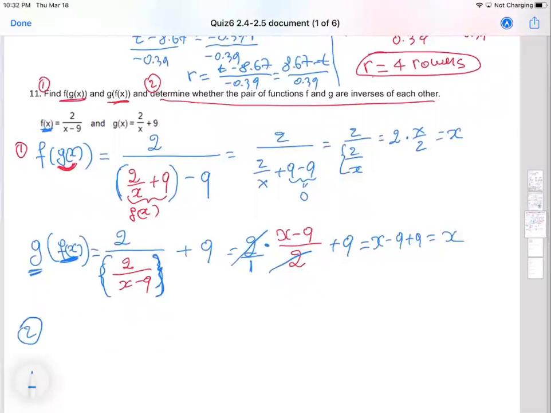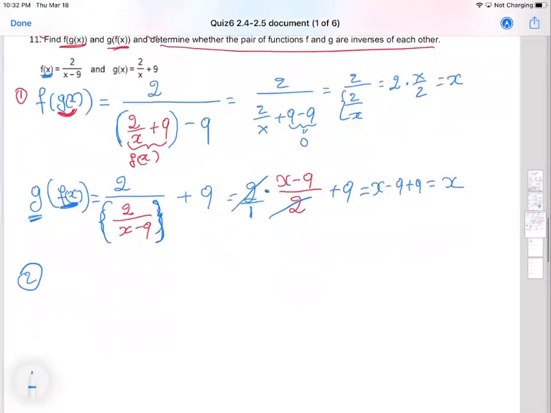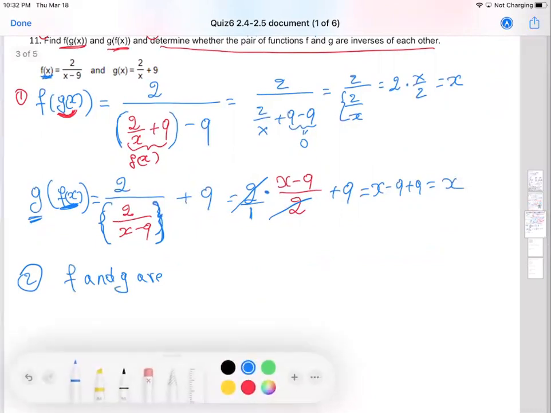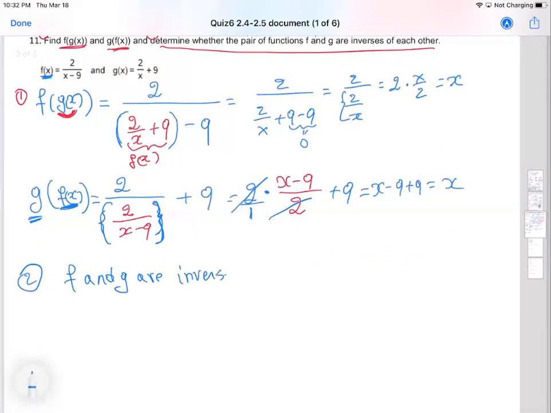The second question asks whether f and g are inverses. I'm going to write the theory here. F and g are inverses if the following is true.